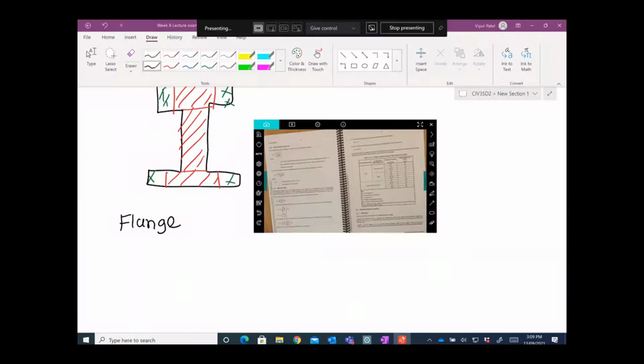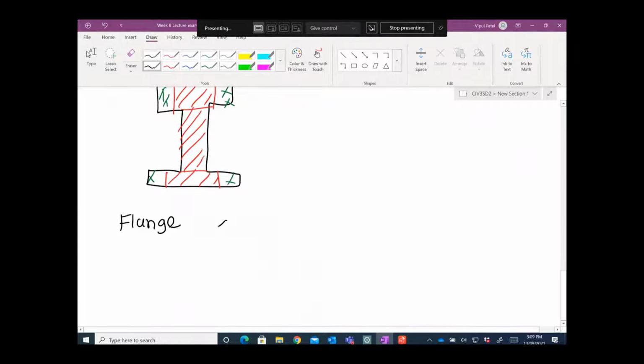So let me put in the context. We have lambda e equal to b on t square root fy on 250.